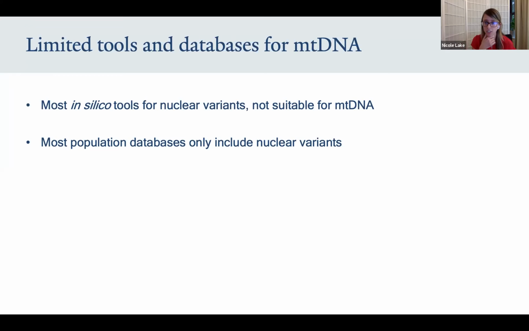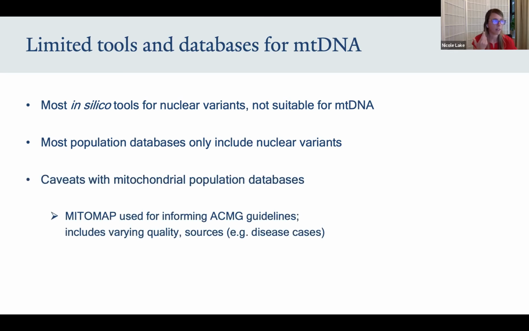So most of the population databases out there only include nuclear variation and are missing mitochondrial variation. There are some mitochondrial population databases out there. And so actually at the time that those ACMG guidelines were put out, it was the MitoMap population database that was the predominant one used for variant classification.